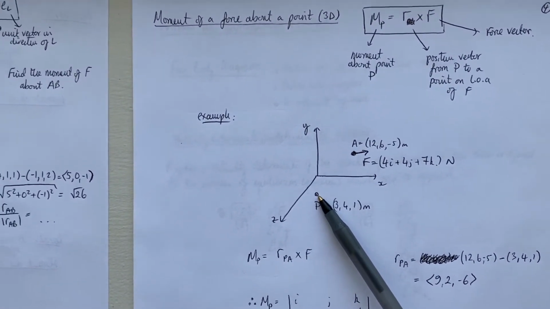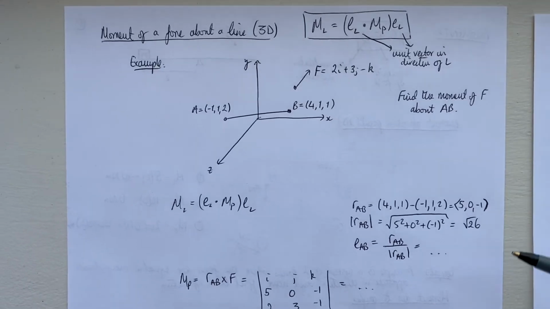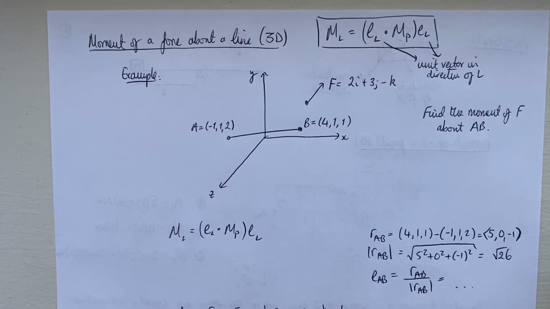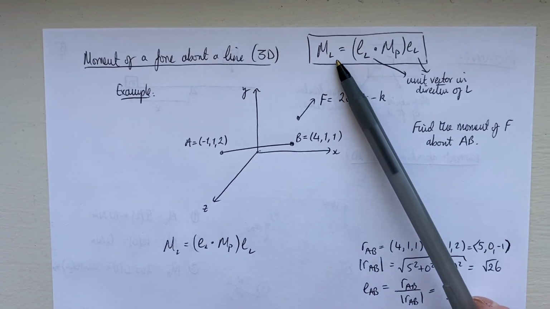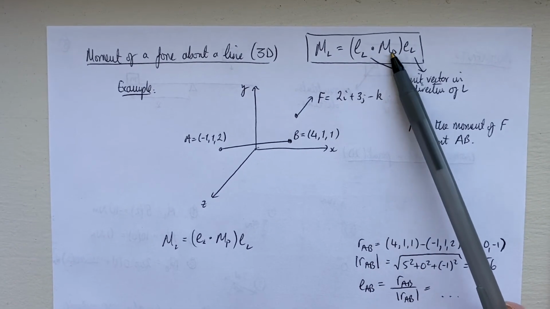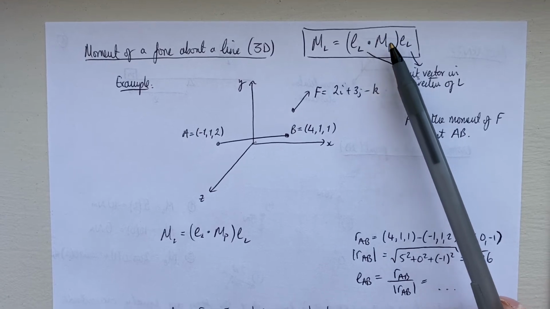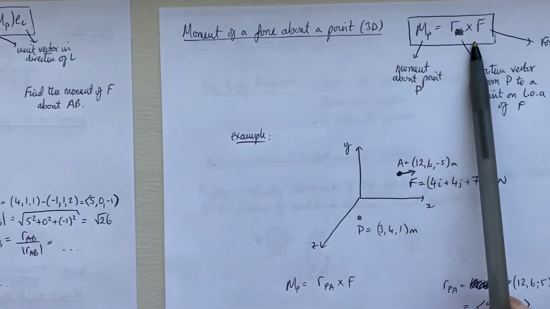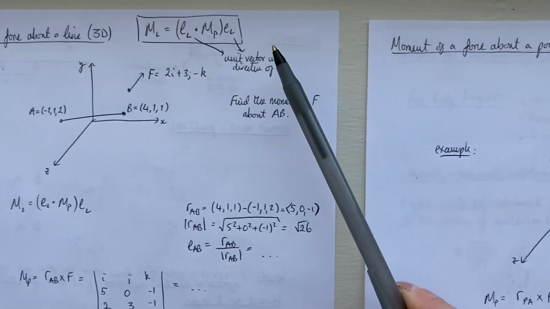Well, what about the moment of a force about a line, like a car's axle, for example? Well, we have a slightly different formula this time, which involves the moment of a force about a point. So this equation over here can be replaced into this equation here.